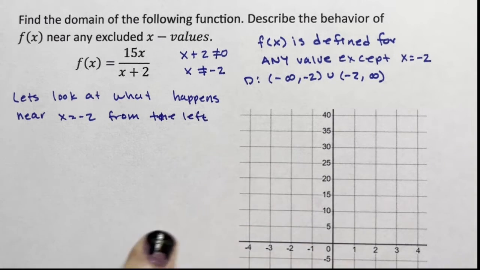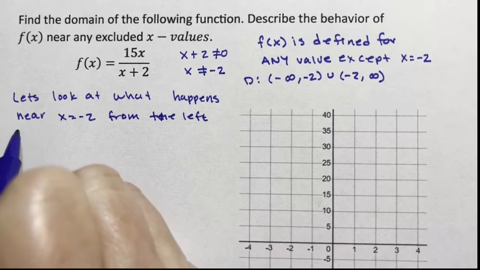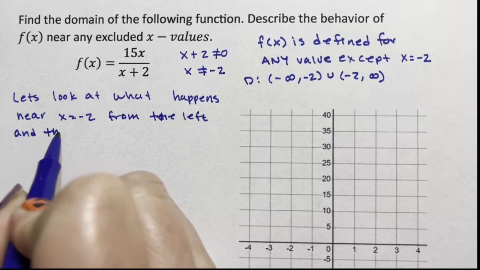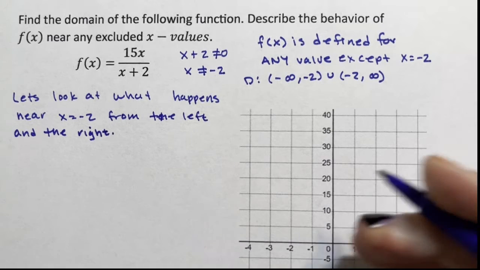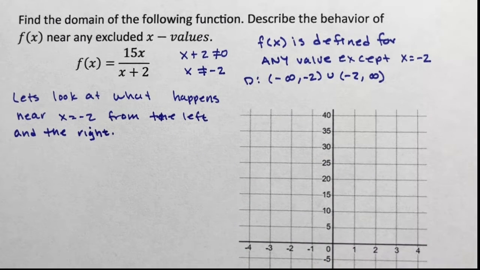And from the left, it means we're coming from the negative numbers, and the right, I mean we're coming from the positive numbers. This is a calculator-heavy example, so you might want to pause the video a lot, have your calculator out. I've done all the calculations, so I'm going to go through this pretty quickly, but having a calculator is imperative. This is not something you ever want to do by hand.